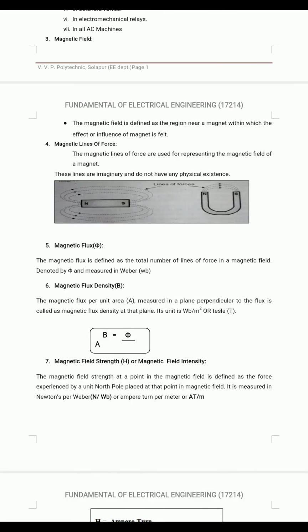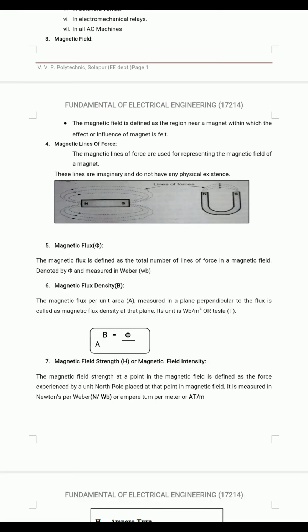That means B is equal to phi upon A. If we are calculating the magnetic flux per unit area, that is nothing but the magnetic flux density.